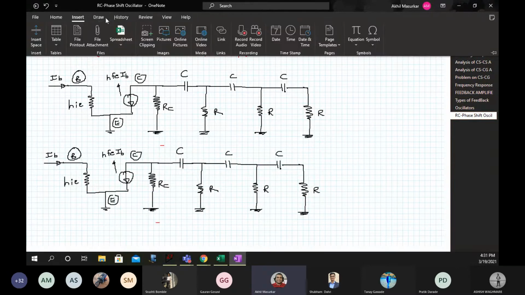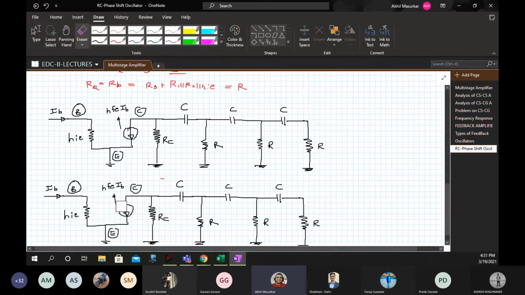So let's see now what is the change inside this. I will do some changes here. I will do a source transformation here, and I will integrate RC into the circuit. See here, this current source is in parallel with RC. So what we will do here is have a resistance in series with a voltage source.